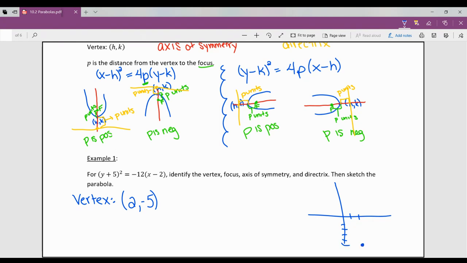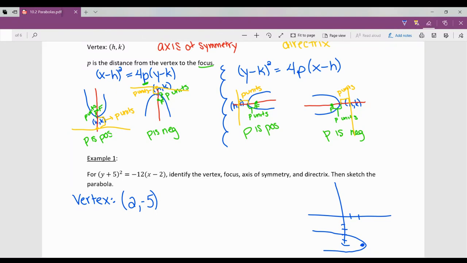Okay, now because it's a negative, it's going to be opening to the left. Let me just make sure my parabola actually hits my vertex. So there we go.